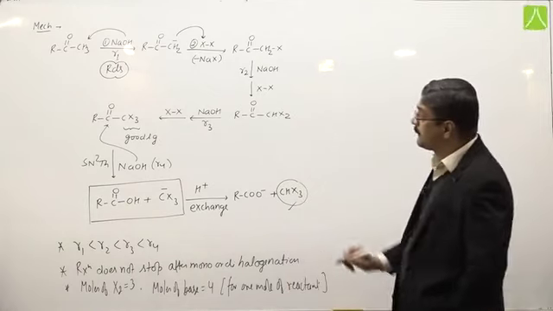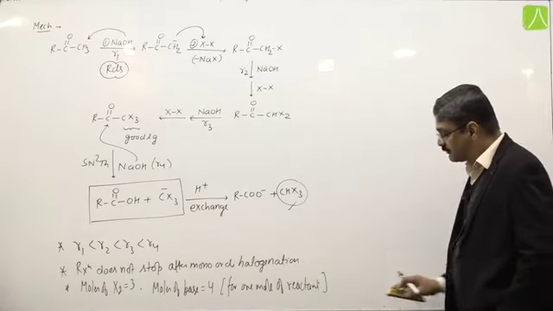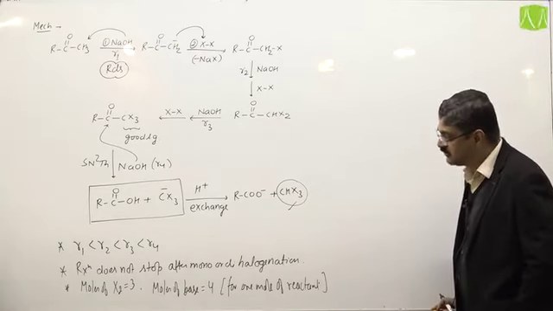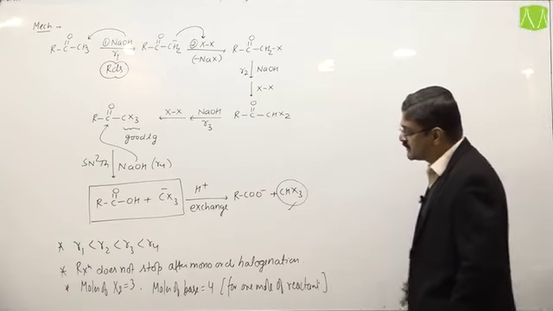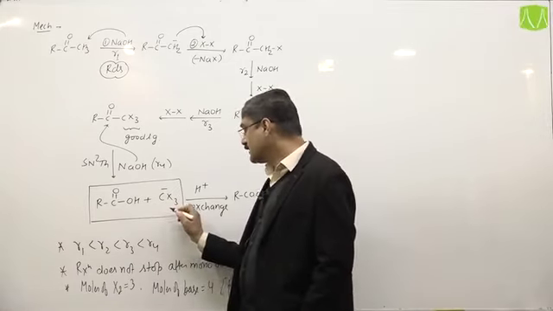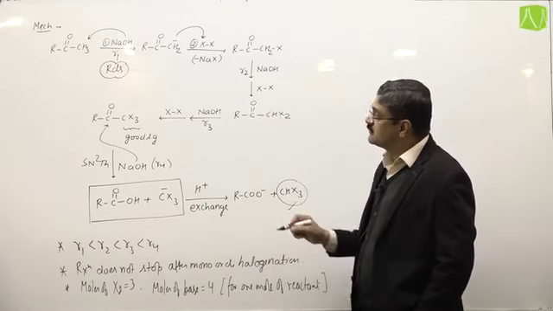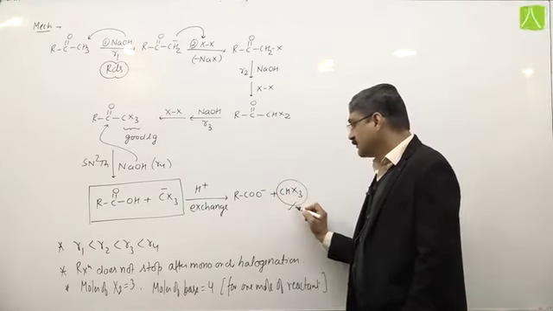If I take a limited amount of halogen or base, then the reaction proceeds till the end point, but the complete reactant could not be converted into products.